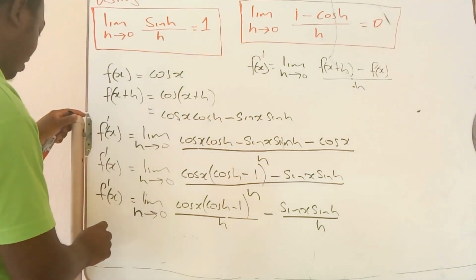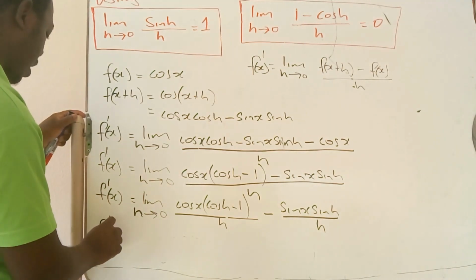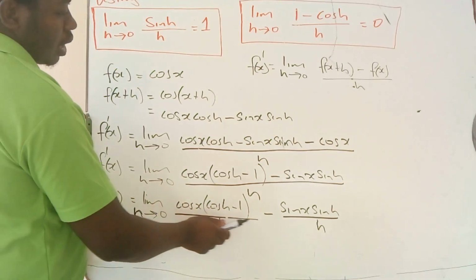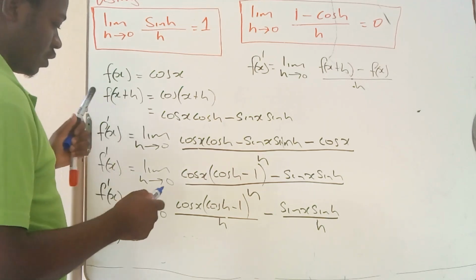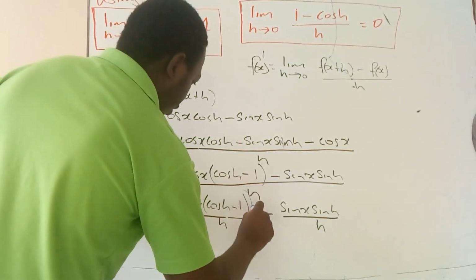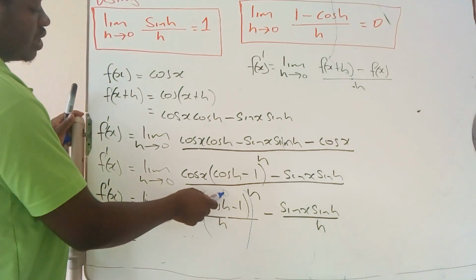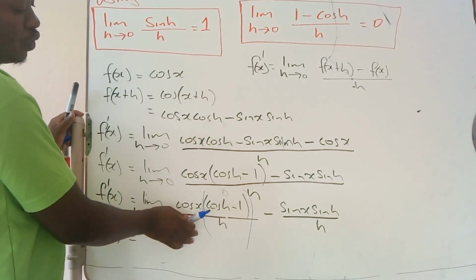So our final answer is f of x prime is equal to, if all of this is 0, and this part here, let me highlight it. So we know that this part here, all of this is just 0. And we know that 0 times anything gives us 0. So all of this section is already 0.